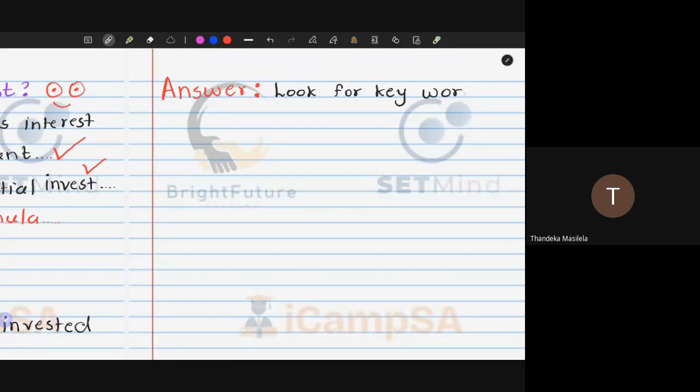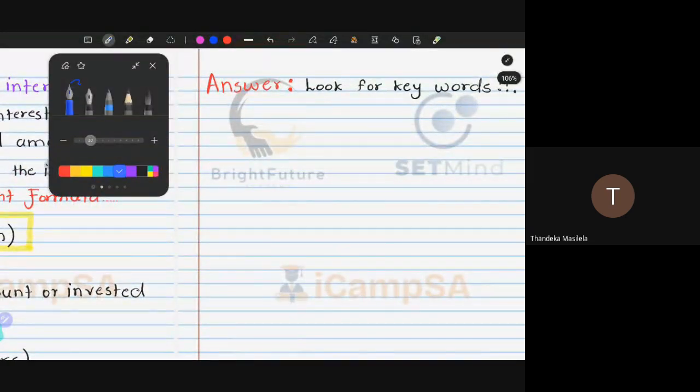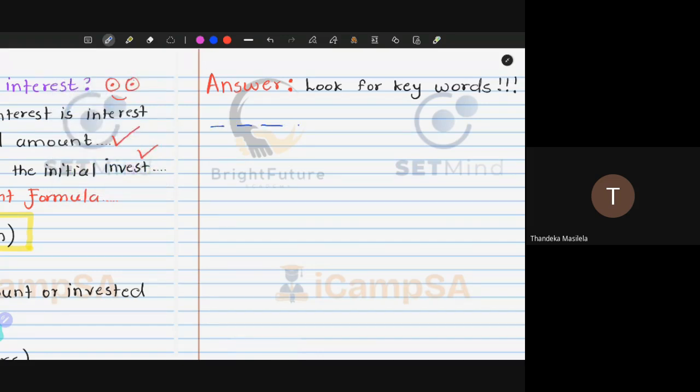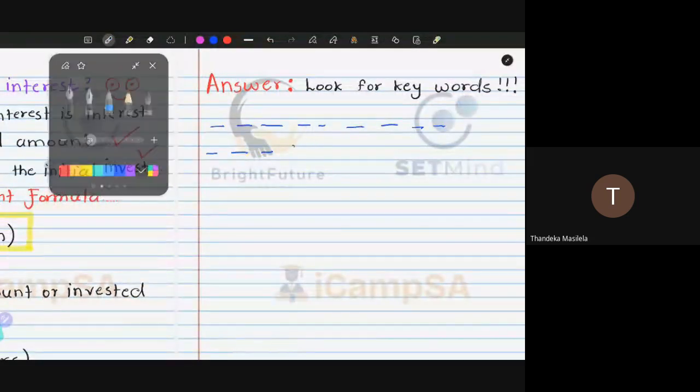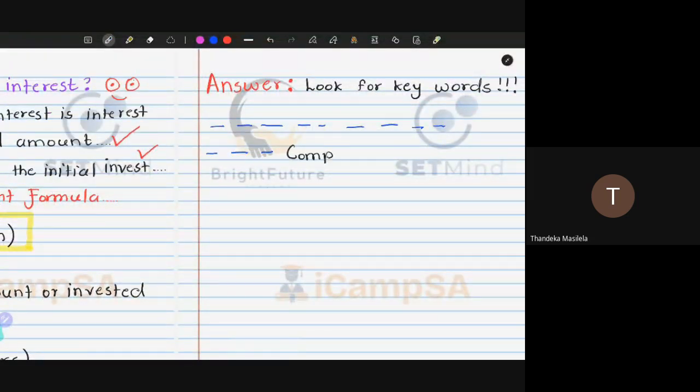So when we are given our problem, we will look for keywords. Let's say I'm given a statement, and they give me this problem, and then I see somewhere they say compounded.